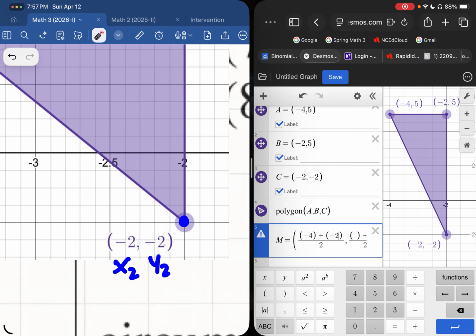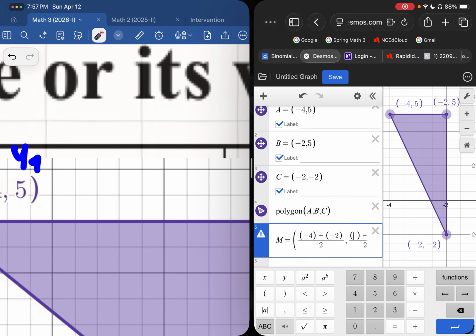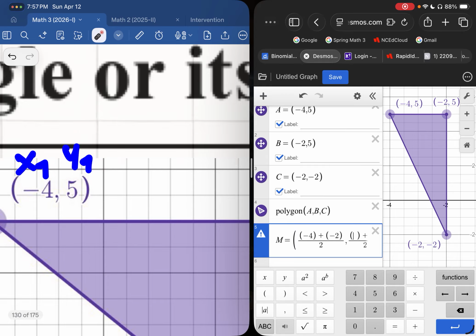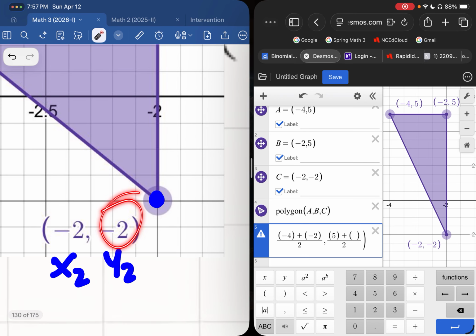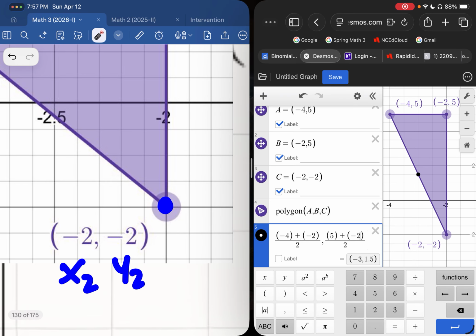Okay, and now let's go with the other part of the formula. The other part of the formula says y1, which is what? 5, right? Plus y2. Who is y2? Negative 2, right? Guys, I always recommend you to use the parentheses. If you don't use the parentheses, the probability of making mistakes is bigger. So please be careful with this, okay?